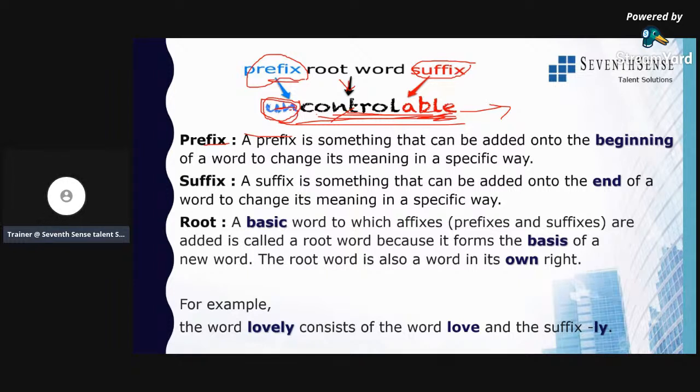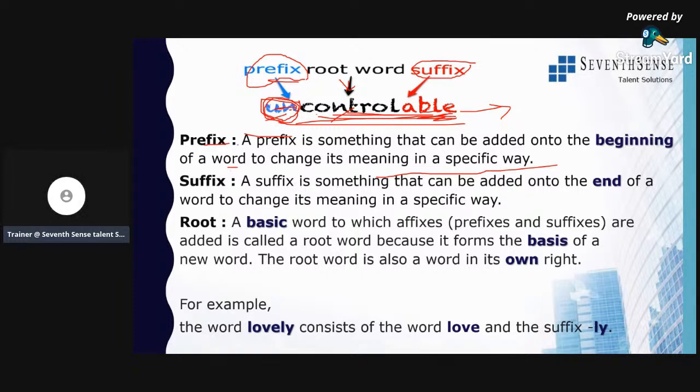It is added at the beginning of a word to change its meaning in a specific way. See here, if you remove the un, it becomes controllable, and if you add un, it is uncontrollable. It is changing its meaning, right? Controllable and uncontrollable have different meanings. One is positive, one is negative; one is under control, one is not under control.